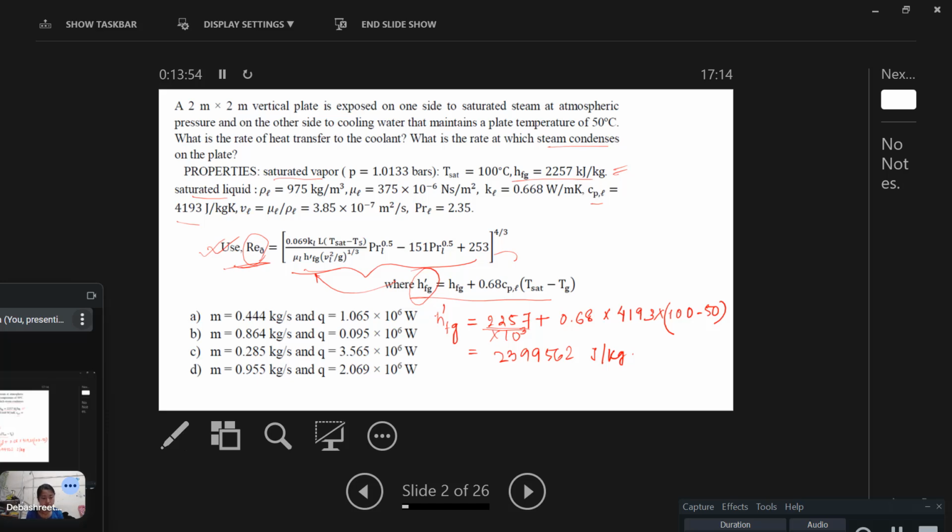We can write this in kilojoule also, but while calculating we'll be using the joule amount only. If we write in kilojoule, we can round it off to maybe 2400 kilojoule per kg. Now we'll put this value in this equation.